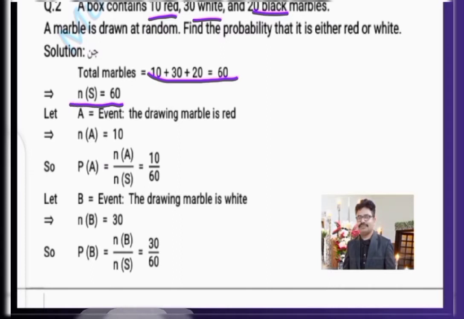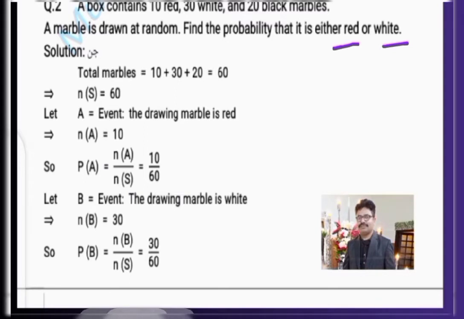Therefore, the number of values in the sample space is 60, and we will read it as n of S is equal to 60. As our requirement is probability of red or white, we have to write these events first. Then we will find the probabilities in the next step.